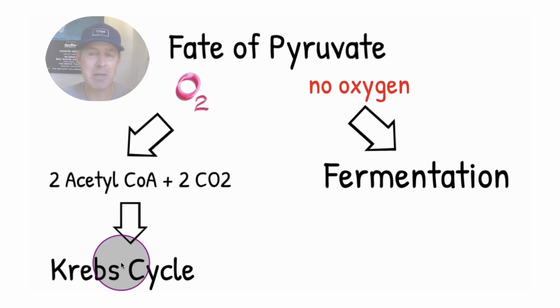To be clear, pyruvate, which is the end product of glycolysis, does not itself enter the Krebs cycle. It needs to be converted to acetyl coenzyme A. In the absence of oxygen, pyruvate enters a process of fermentation, specifically lactic acid fermentation, which we're not going to talk about in this video.